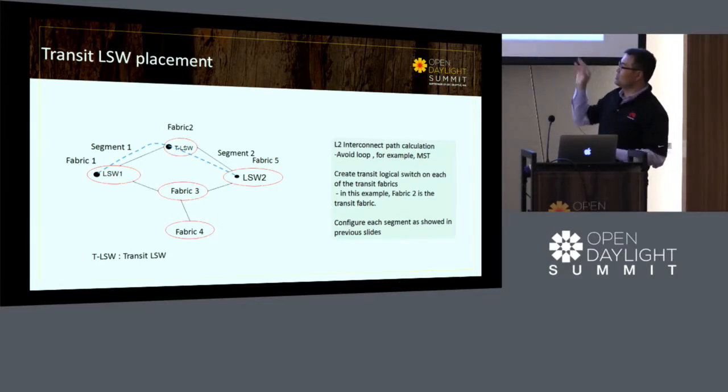Usually, because it's layer 2, you try to avoid the loop. You have to calculate a tree path. Then you have to create a transit logical switch on the fabrics in the middle. Then you use the previous steps to chain them together.